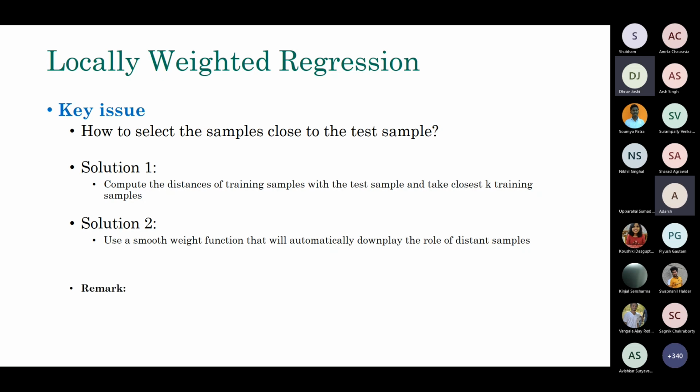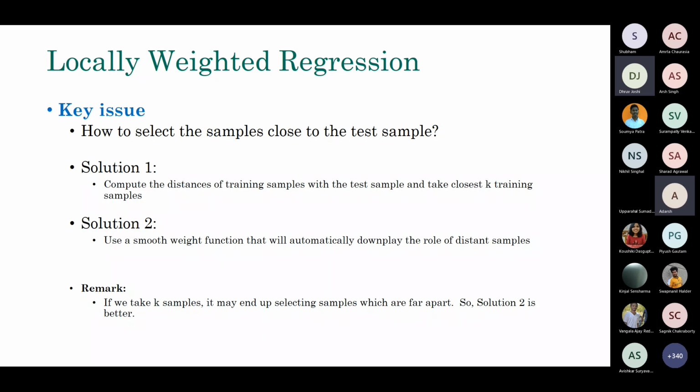All right. So the remark is that solution 2 is considered better compared to solution 1. But solution 1 can also be useful, I'm not saying good, but useful, if you have an extremely dense data set.